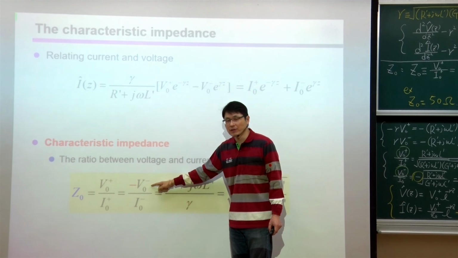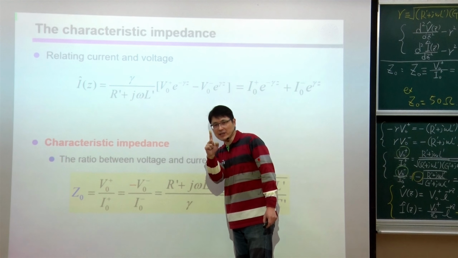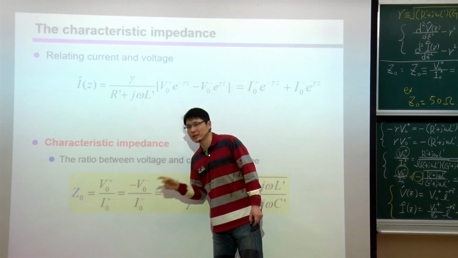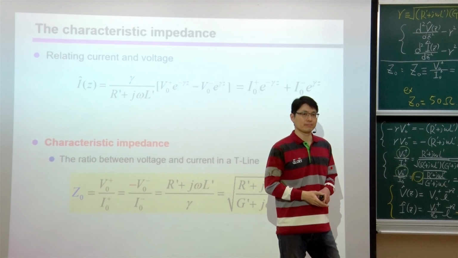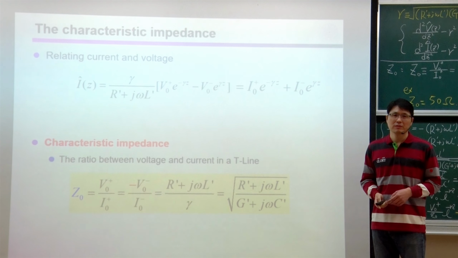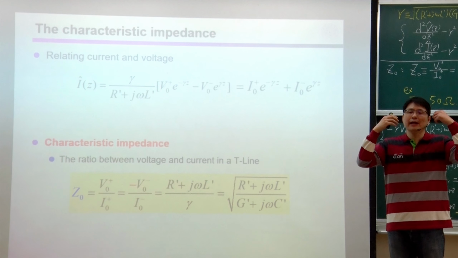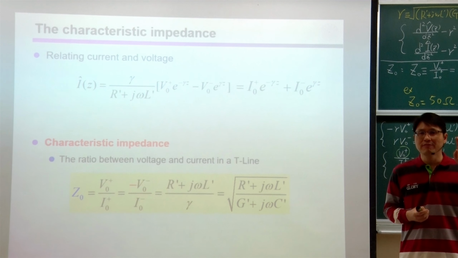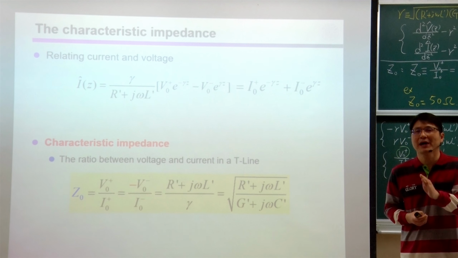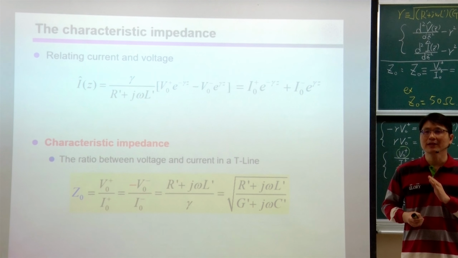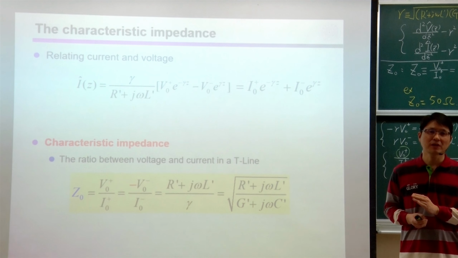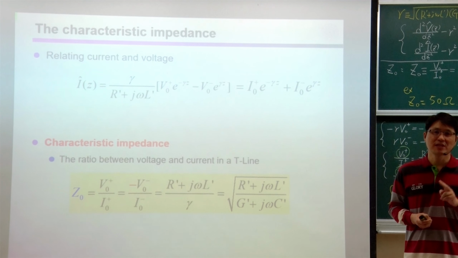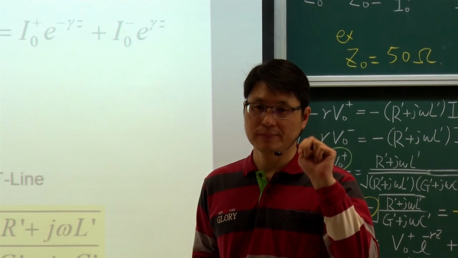The backward voltage and current are also fixed, but only differing by a negative sign. Okay? So with the introduction and understanding of the transmission line, only V0 plus and V0 minus remain to be solved. So the number of unknowns is now reduced to 2.